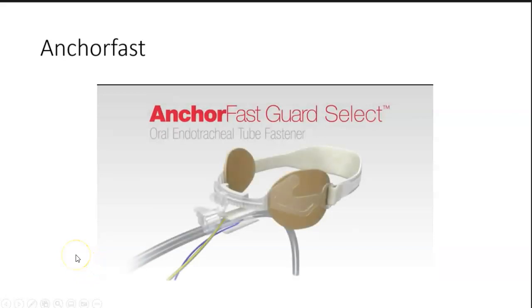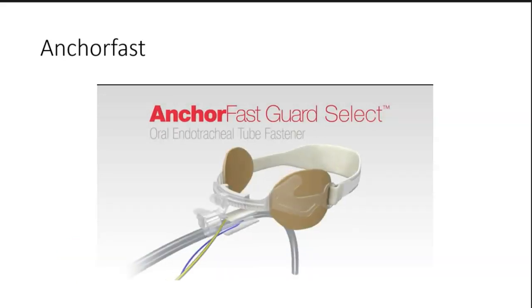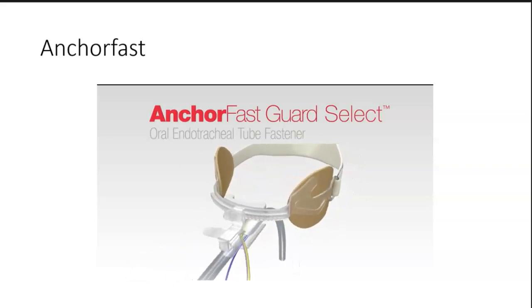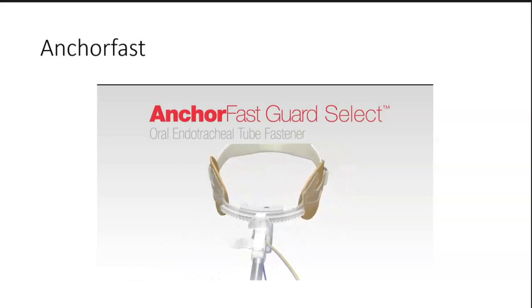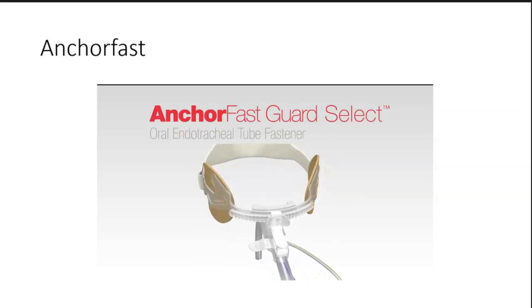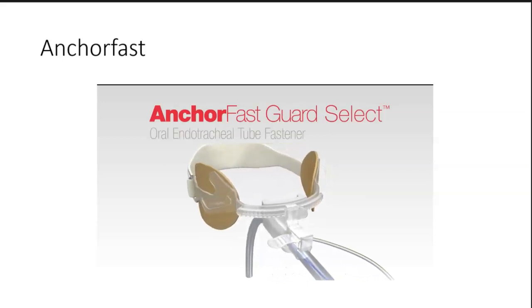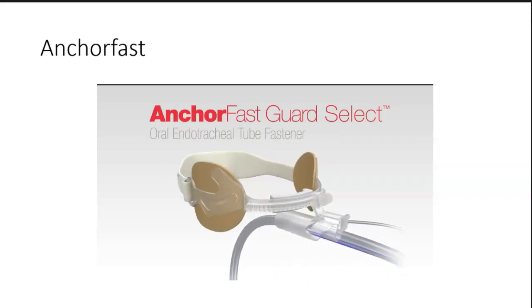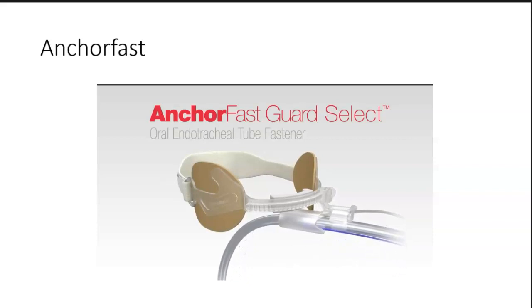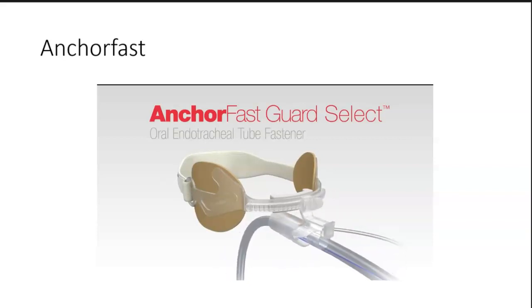The Anchorfast Guard Select Oral Endotracheal Tube Fastener provides a convenient means to hold an oral endotracheal, or ET tube, securely in place without the use of adhesive tape. The oral endotracheal tube fastener allows repositioning of the ET tube in either direction along the track without removal of the device.